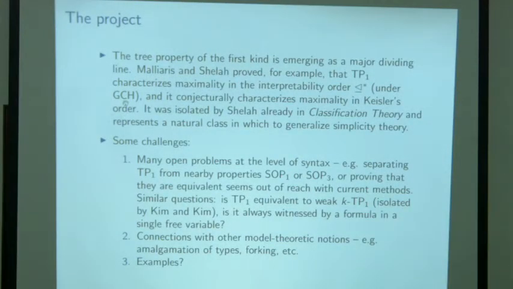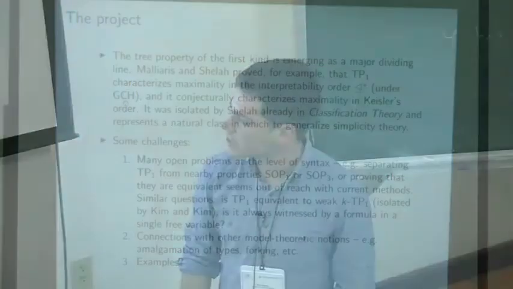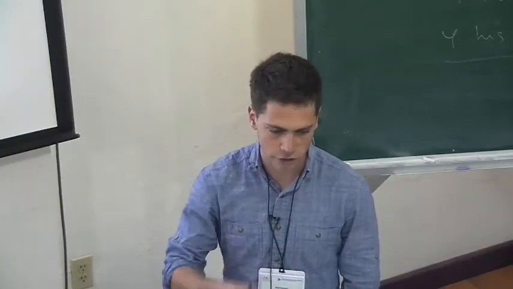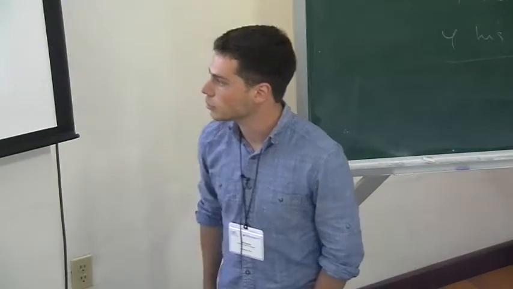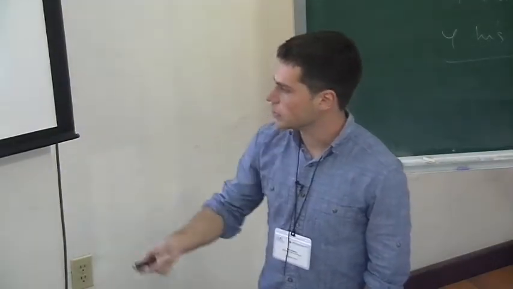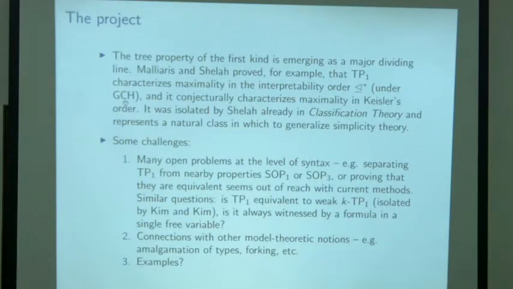But there are some problems. One of them is that it's beset by problems even at the level of syntax. There are several different definitions of properties in the neighborhood. We don't know how to separate them. And that seems to be a problem. Even before you can start doing real model theory, you're beset by a family of syntactic problems. The second problem is that we don't know how it connects to other natural model-theoretic notions.